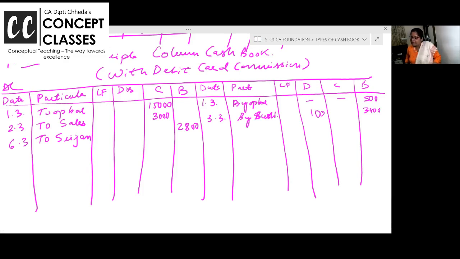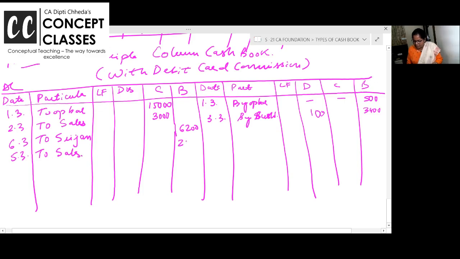No, 1 minute. Some transactions are missing. 1 second, really sorry. Srijan has given you the check of 6,200. 2,800 is another transaction. I'll record it. Write it down: sale through credit card 2,800 on 5th March. This was missed. To sale, but this is through credit card.